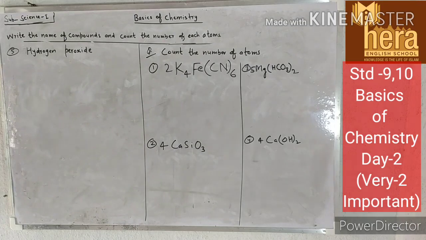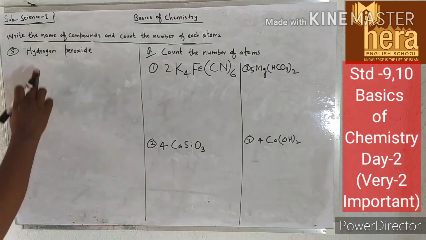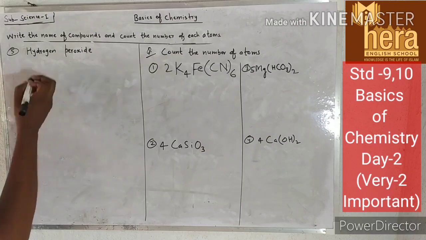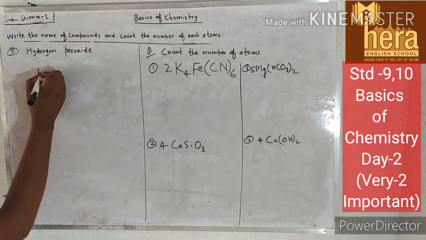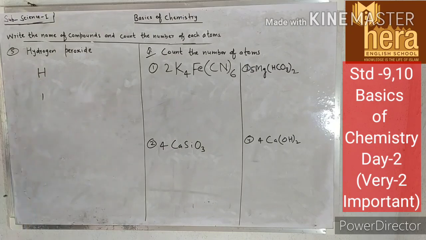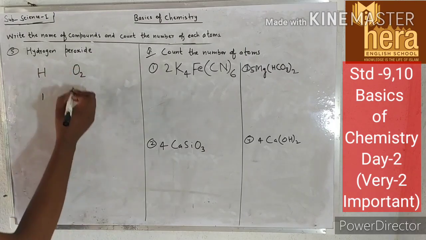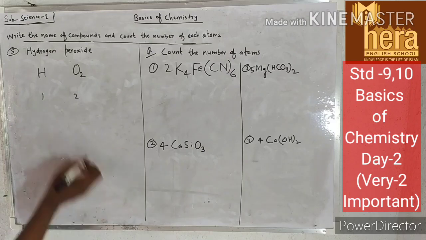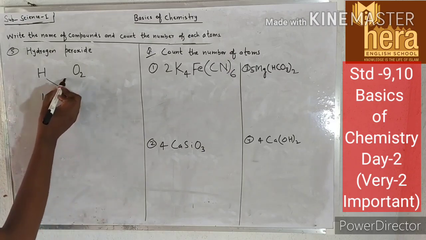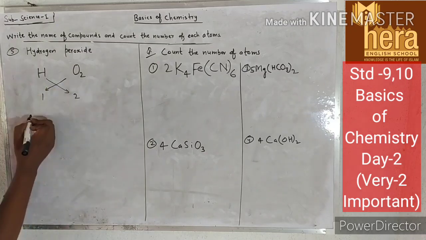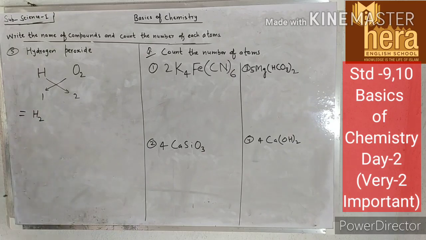So next is hydrogen peroxide. Symbol of hydrogen is H. Its valency is 1 in table number 3. Peroxide, symbol capital O2. Its valency will be 2. Cross multiplication, that is H2.